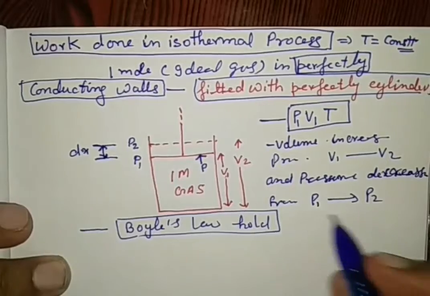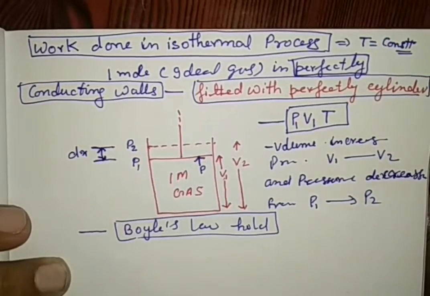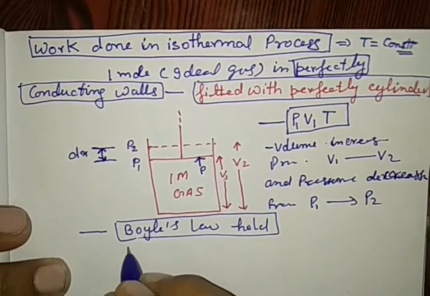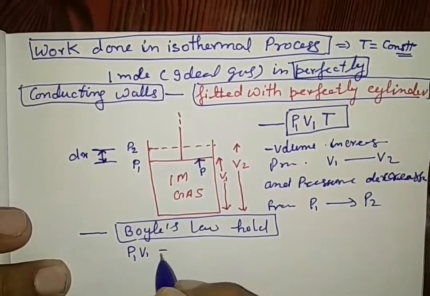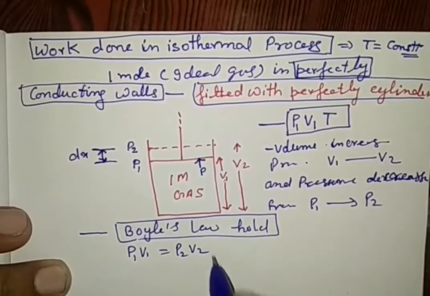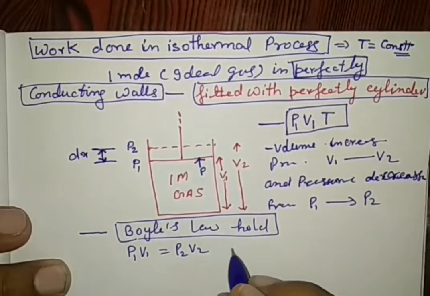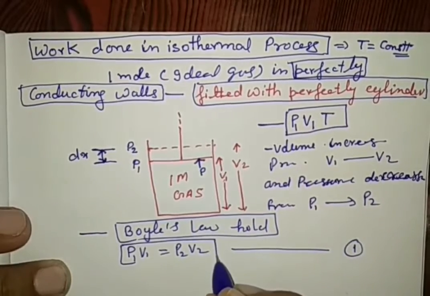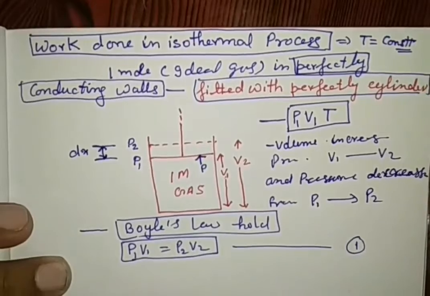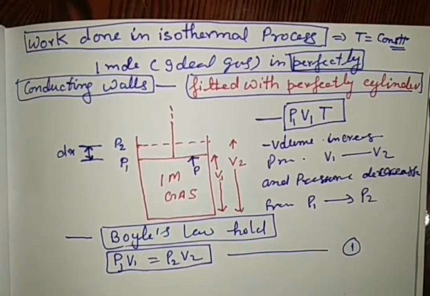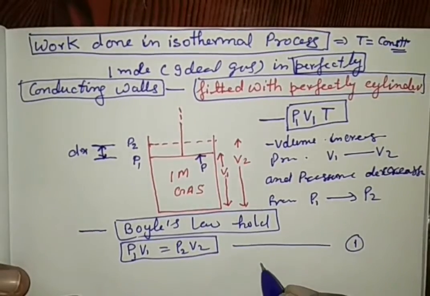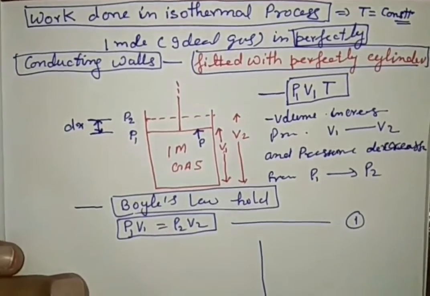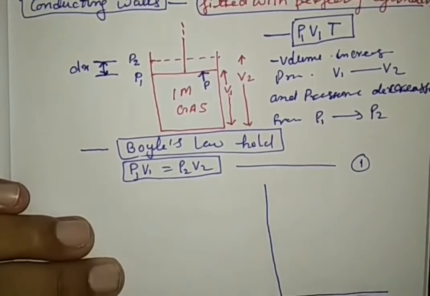If Boyle's law holds, then in the beginning we may write P1 V1 is equal to P2 V2. It is one form of Boyle's law, the mathematical form. Here, when it changes, it is represented by this graph.